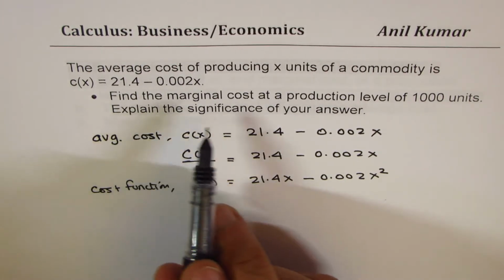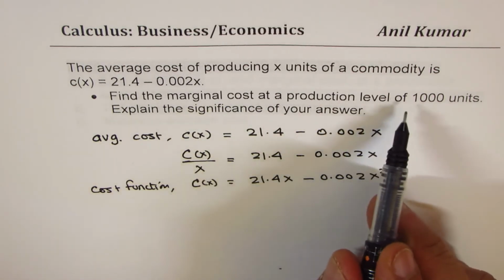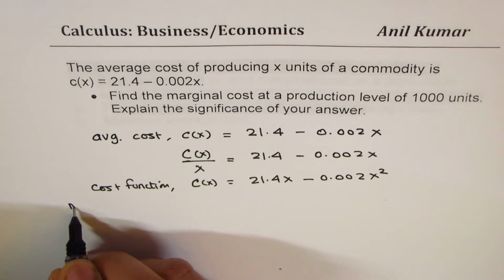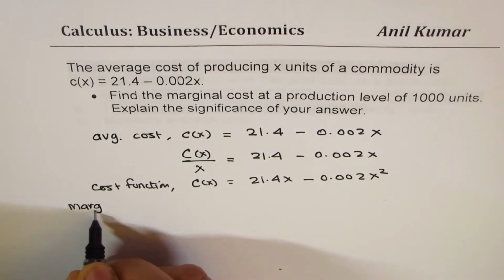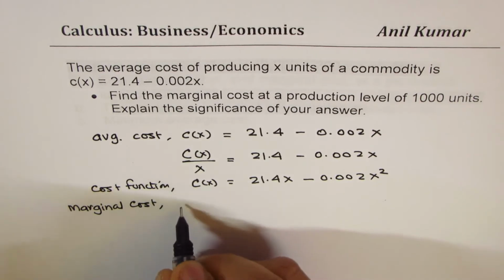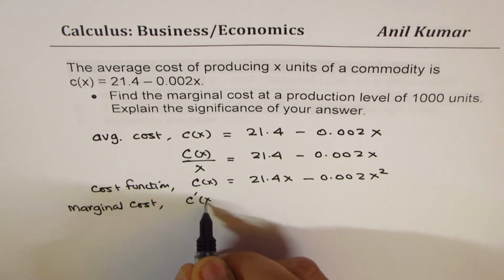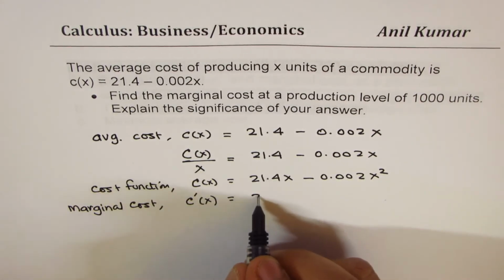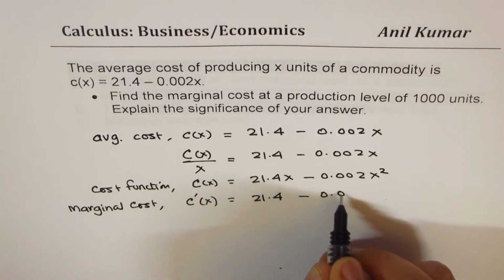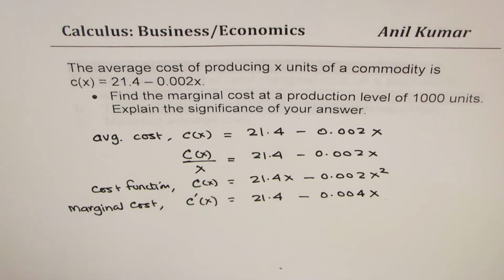Now we need to find marginal cost at a production level of 1000. Now what is marginal cost? Marginal cost is the derivative, right? So now we will find marginal cost, which is the derivative of this cost function. So the derivative is 21.4 minus 2 times this, 0.004x.